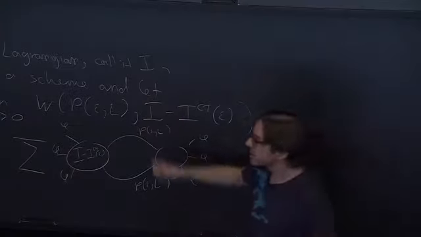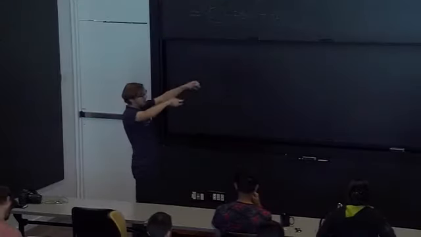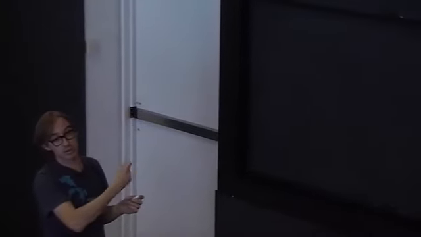This I as a function of L is not the local Lagrangian, but a non-local thing, and we define a field theory as a collection of these I of L satisfying some properties. But how do we know there are any solutions to these equations? I want to show that there are the same number of solutions as there are Lagrangians.